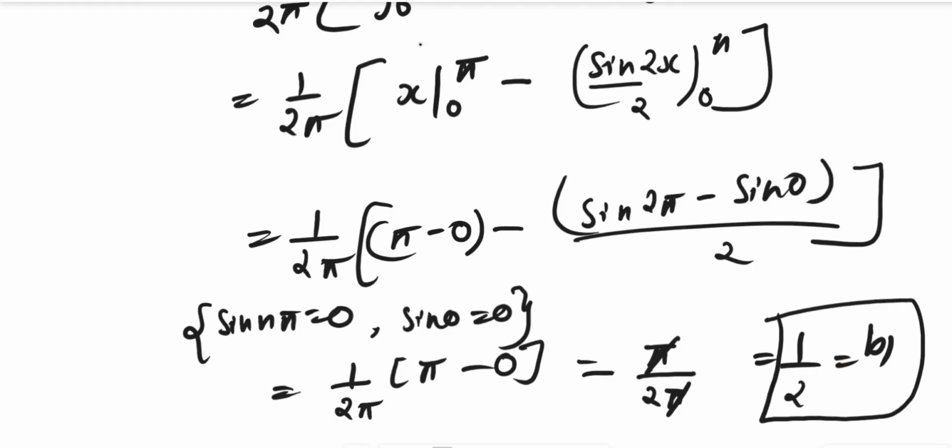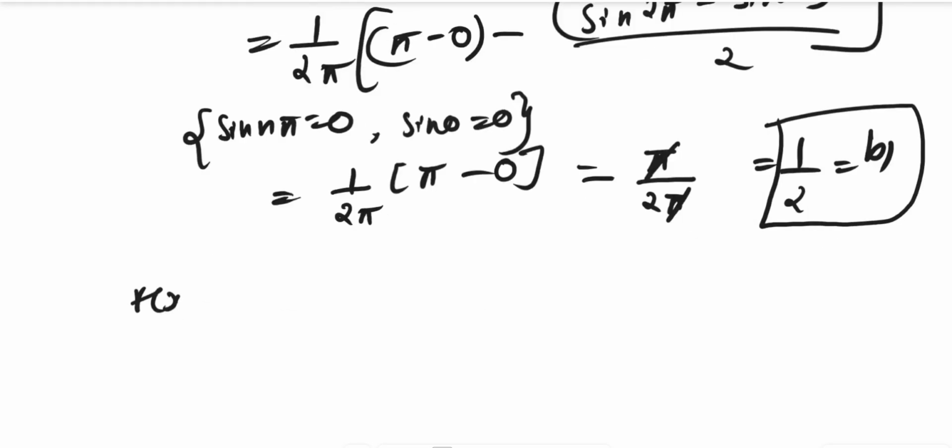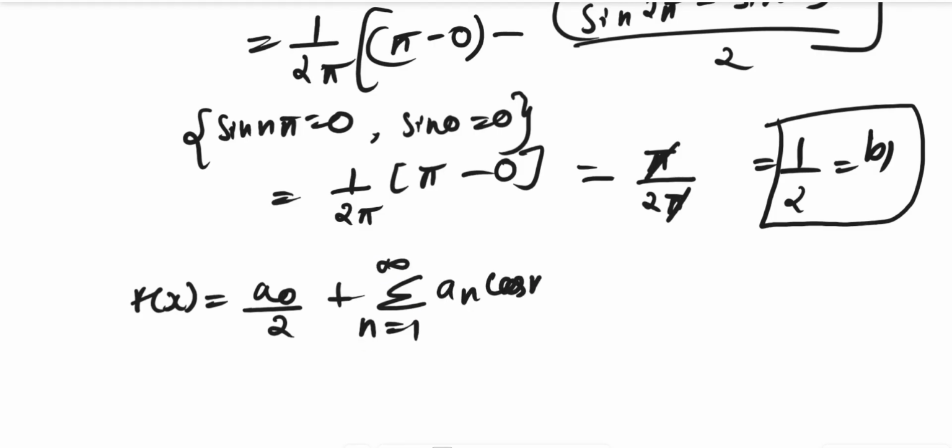Now, the Fourier series expansion is given by f of x is equal to a naught upon 2 plus summation n is equal to 1 to infinity an cos nx plus summation n from 1 to infinity bn sin nx.